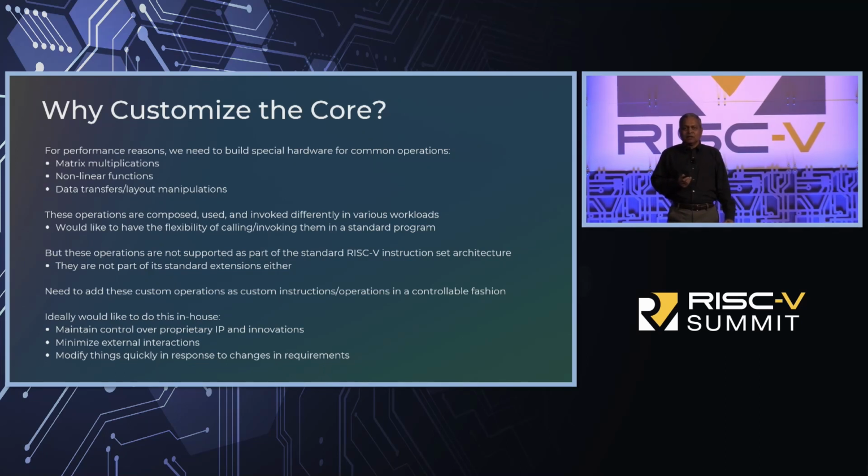We understand what type of operators are required based on the profiling that we do on the workloads. That way, we maintain control over proprietary IP and innovations, and we also minimize external interactions. That means we develop a lot faster because we have access to our workload nature, and can modify things quickly in response to changes in requirements.